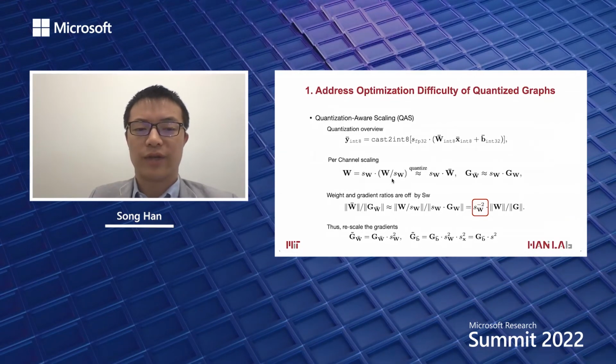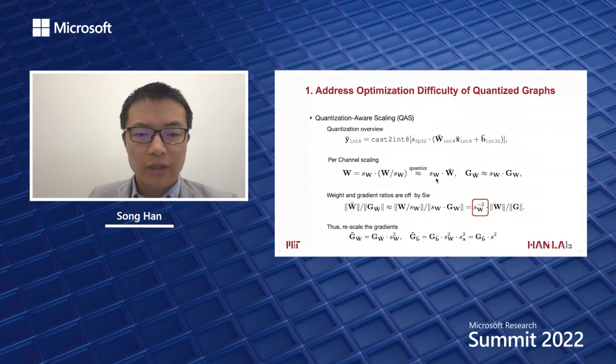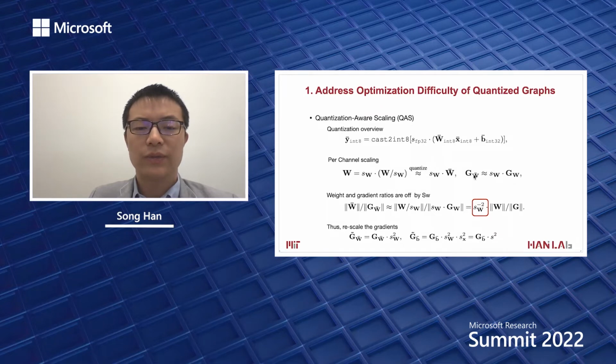So according to the chain rule, the gradient over this W hat will be equal to SW times the gradient of this original W. Okay, so far so good.